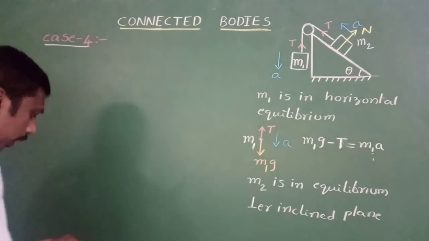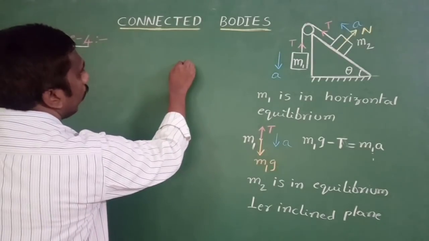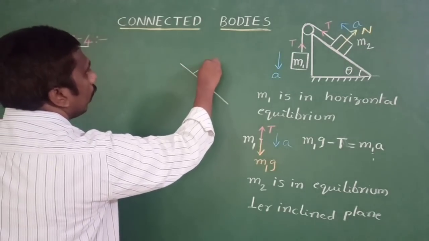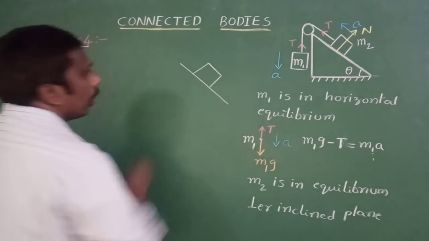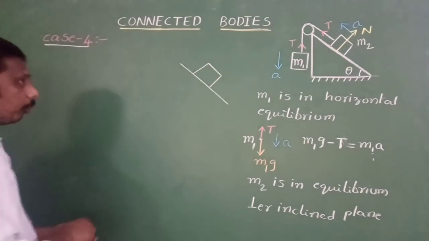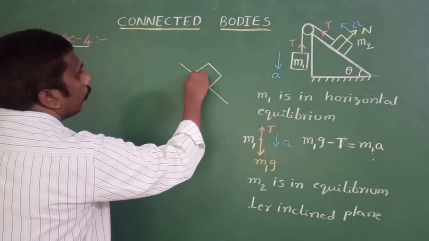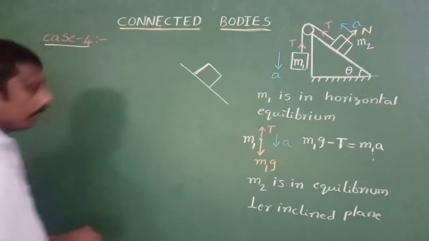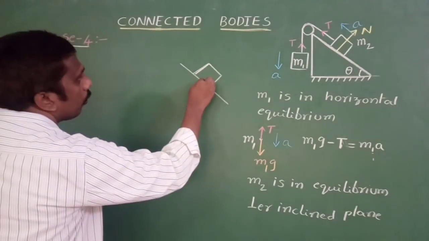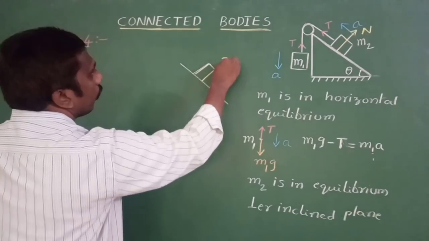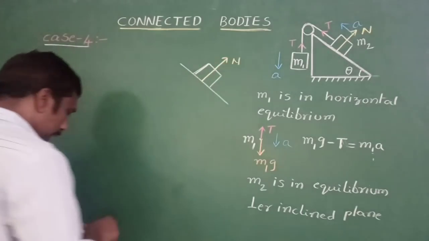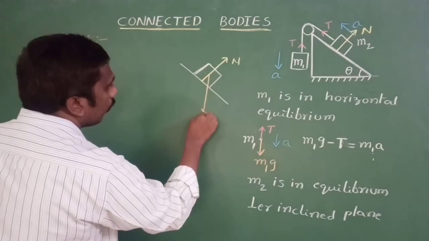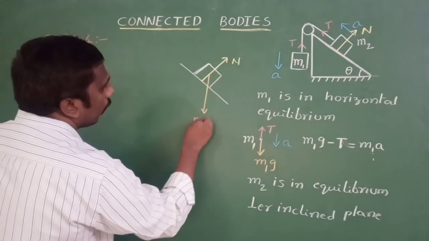If you take only the block on the inclined plane, I am taking only M2. On M2, the normal reaction is acting like this. Its weight mg is acting vertically downward.